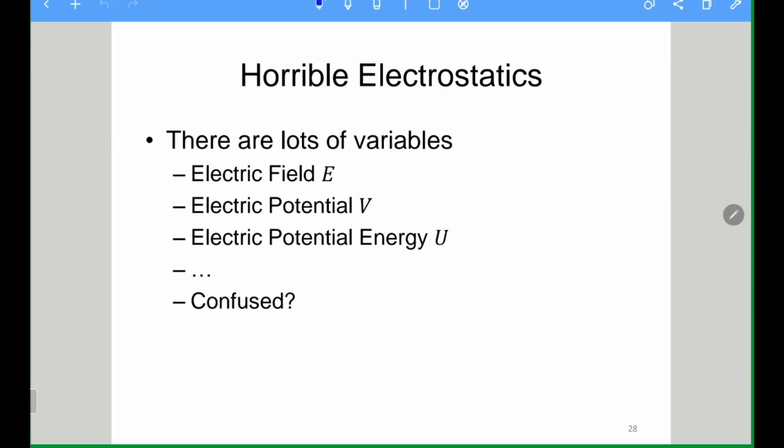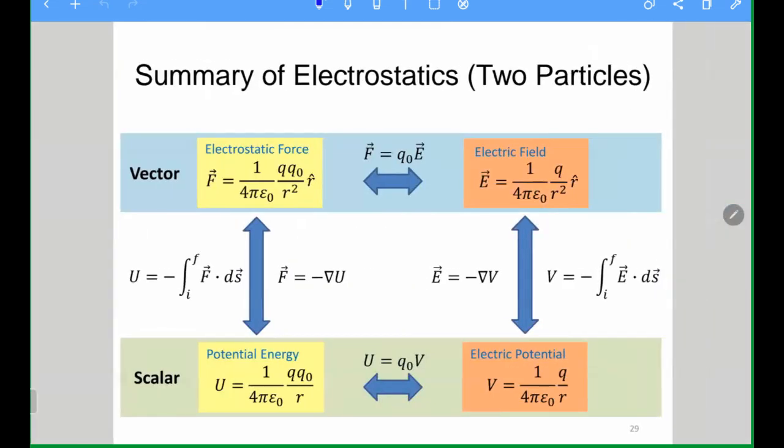Starting from chapter 22, we introduced the electric field. Then in chapter 23, we were still studying the E field, using Gauss's law to calculate the E field. And in chapter 24, we also introduced 2 more variables, the electric potential V and the electric potential energy U. We feel like there are quite a lot of equations, and maybe you will feel kind of confused.